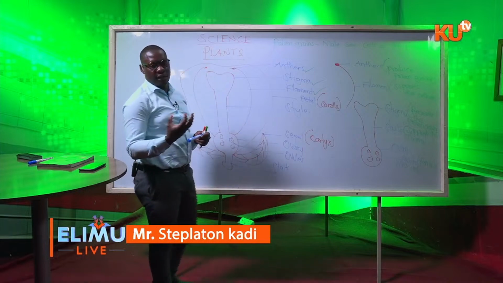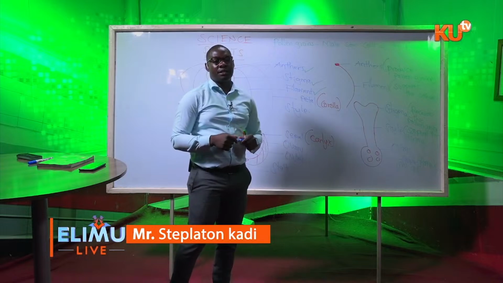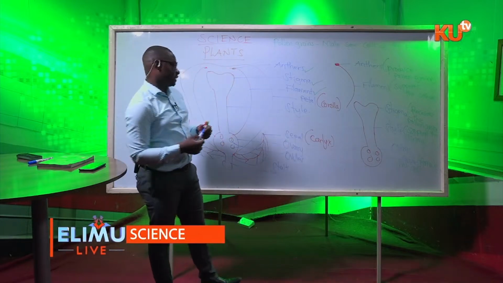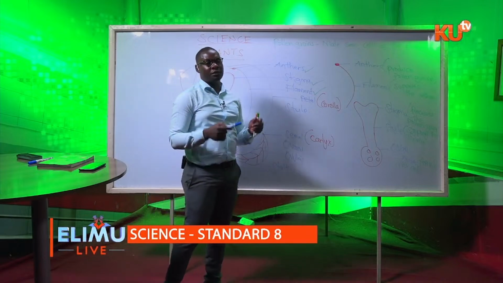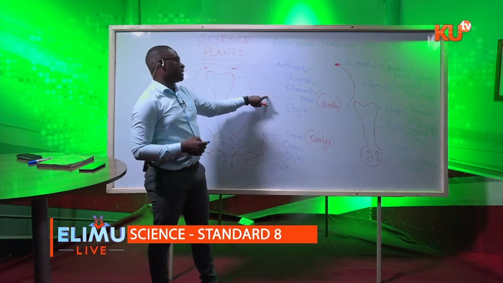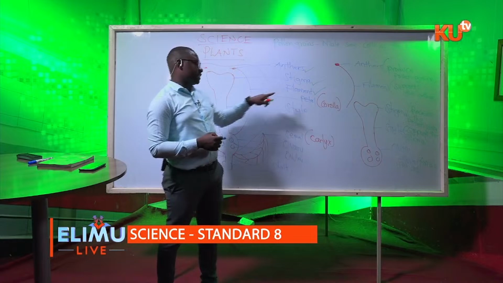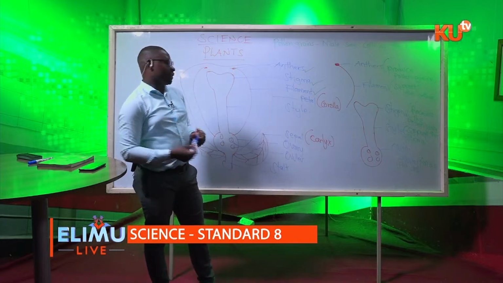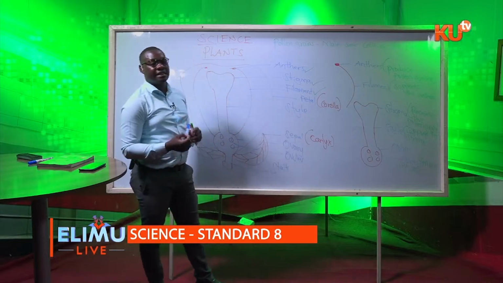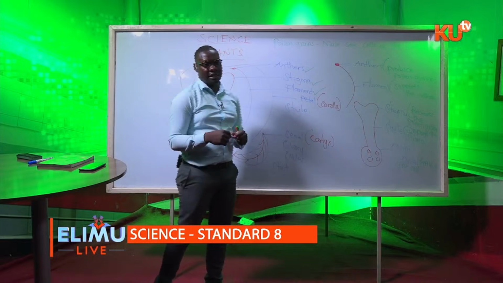Anytime you look at a flower, the bright color that you see, depending on the type of flower. For example, if it is a rose flower, you're likely to see a red color. That is the color that represents the petals. So the function of the petals, especially in insect pollinated flowers, is to attract the insects.